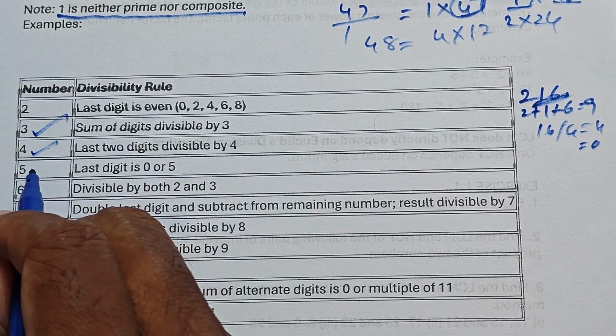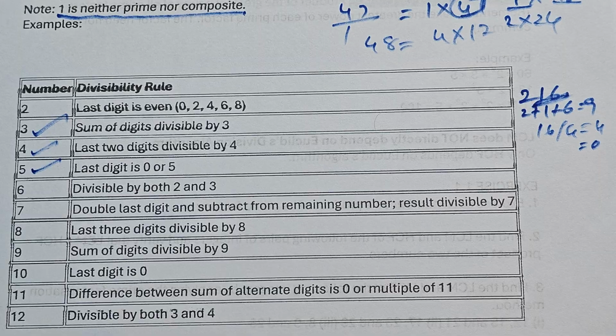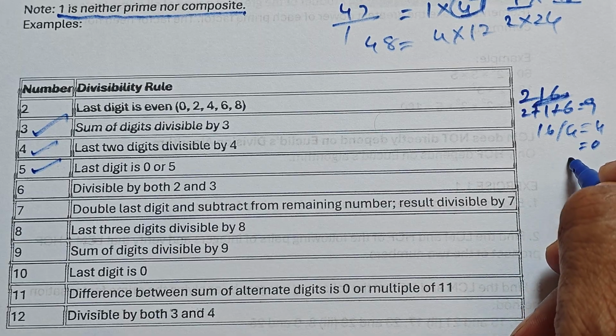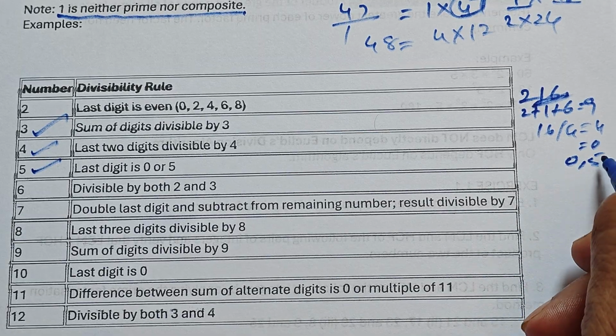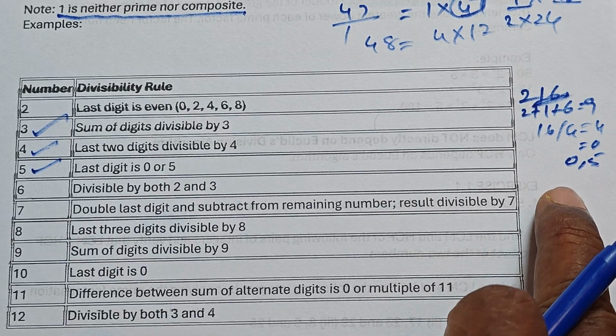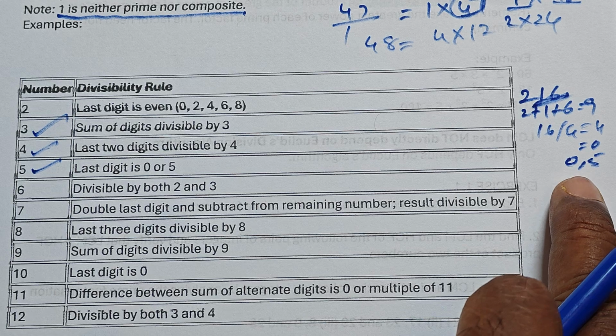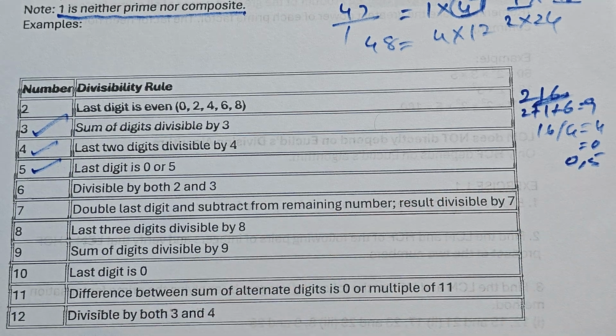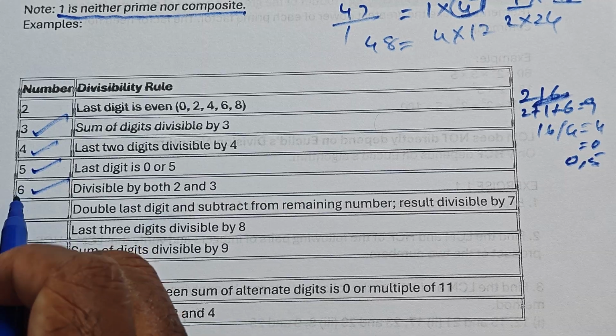Next, divisibility by 5. If the last digit is 0 or 5, we know any number ending with 5 is divisible by 5. Similarly, any number ending with 0 is divisible by 5. Next, if a number is divisible by both 2 and 3, then it is divisible by 6.